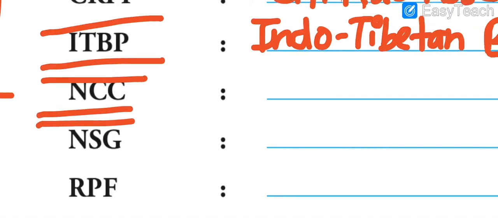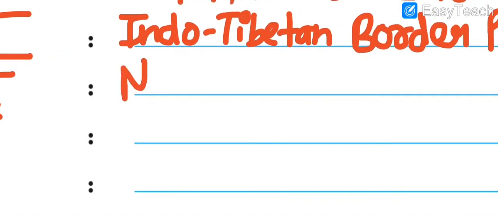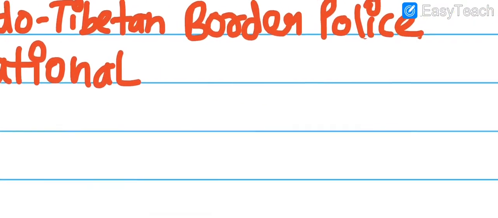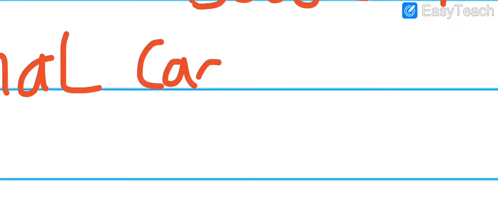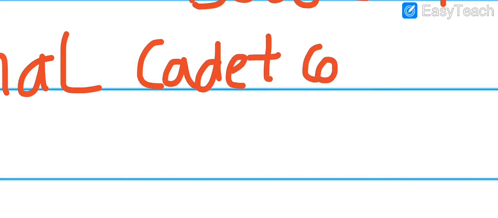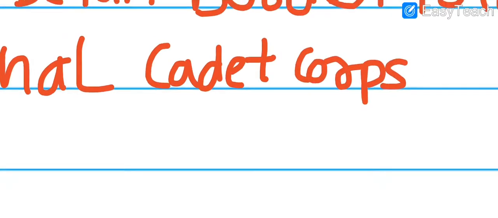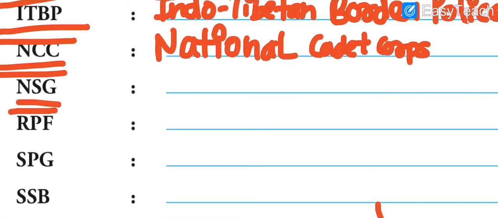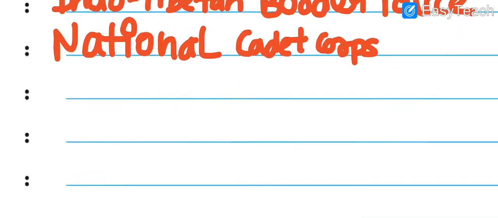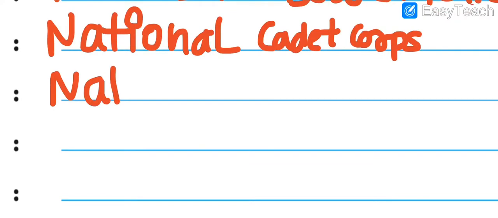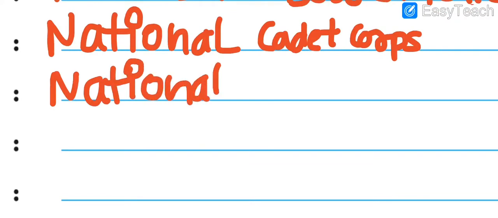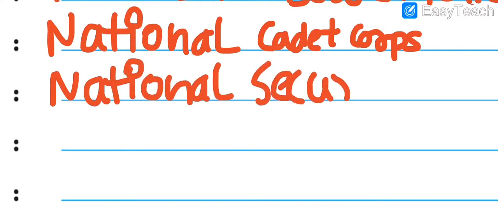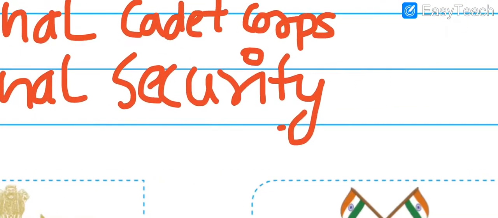Next is NCC. NCC means National Cadet Corps. Next we have NSG.